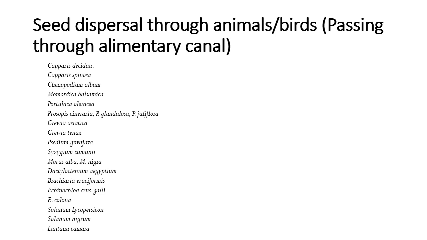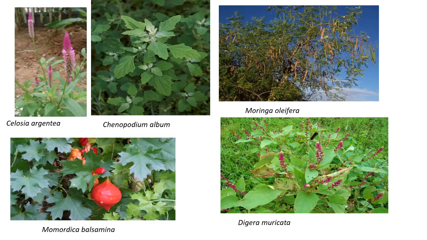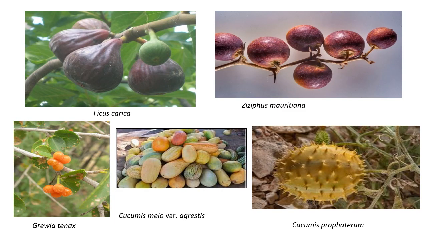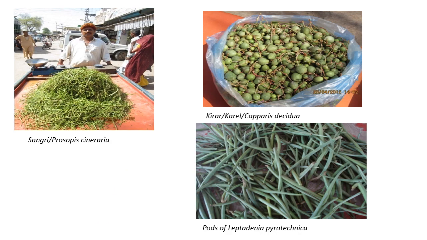There are various grass species which are Dactyloctenium aegyptium, Eragrostis, Echinochloa colona, Solanum lycopersicum, Solanum nigrum, Lantana. And these are some of the pictures that you can see in this.